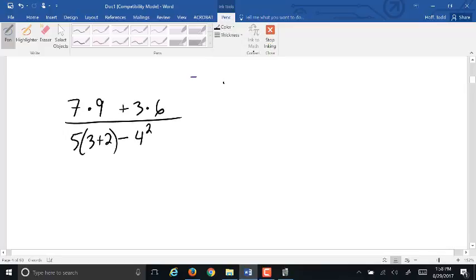So when we look at a problem like this, the first thing we've got to figure out is what this line across here means.